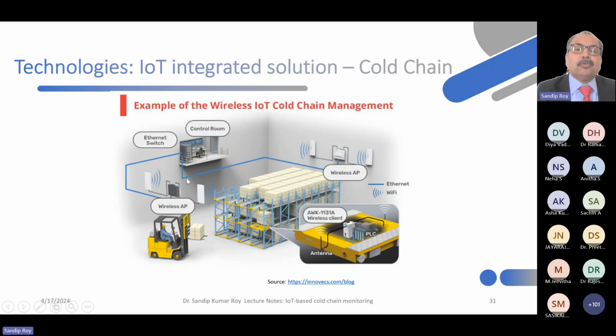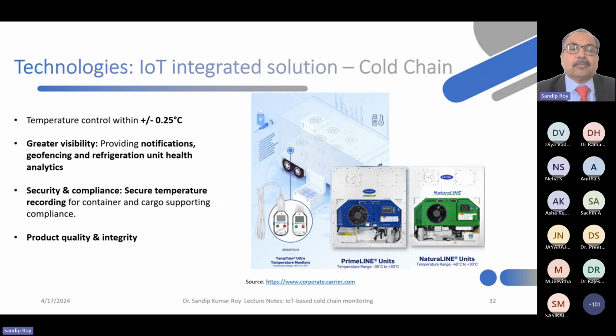At any instant of time, you know at which cell what type of temperature is maintained, whether it is correct or you need to do some monitoring. There is a control room which does this. So this is a typical cold chain warehouse where the containers are kept, with ice cream or vaccines or other products.